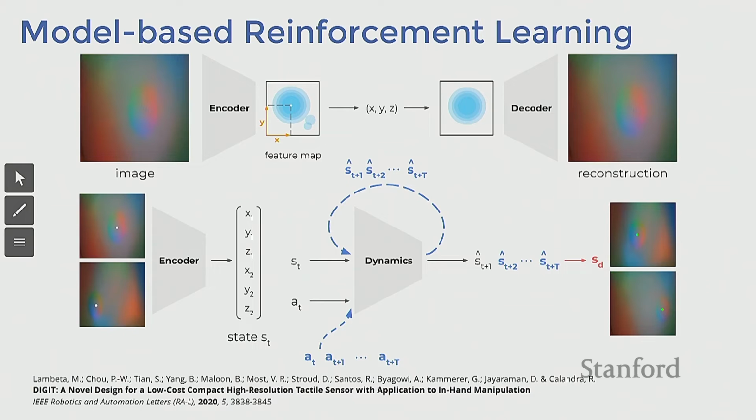So we completely sidestepped the problem that a lot of tactile sensors have, that they need to be calibrated. Here, the robot does not have an explicit idea of the concept of force, but through the dynamics model and the reward, it's able to learn what is good and what is bad in terms of raw pixels. And if you lose the marble, well, that's bad because you don't have the pixels moving in the right place anymore.